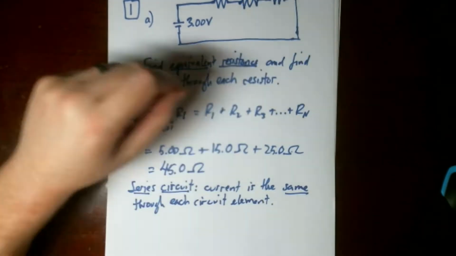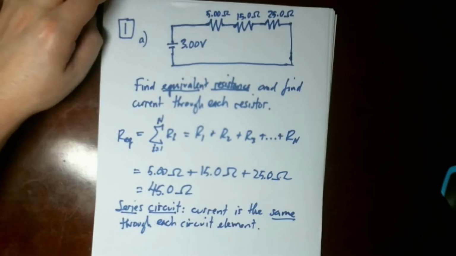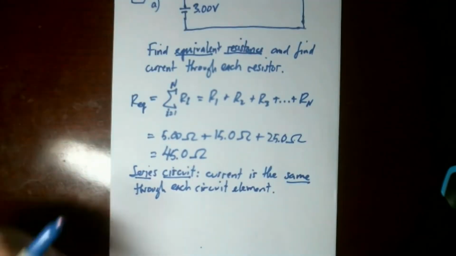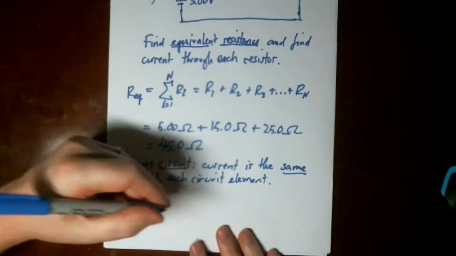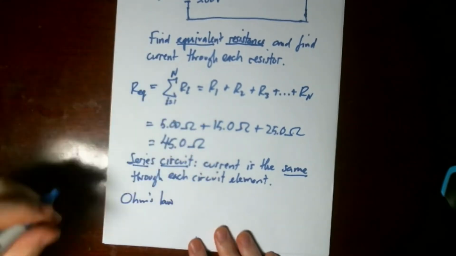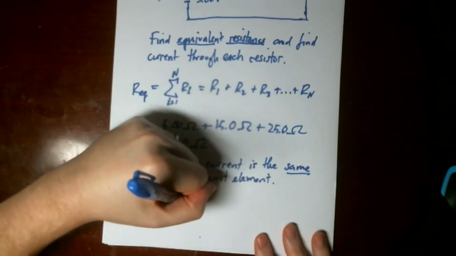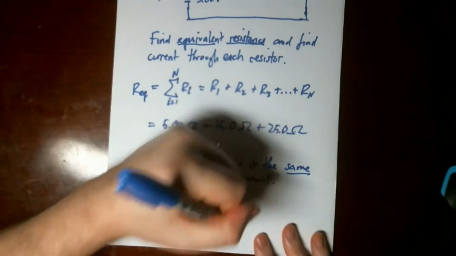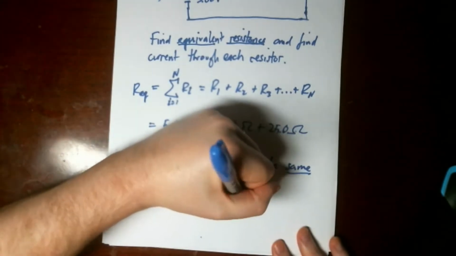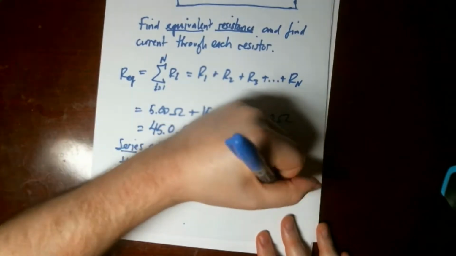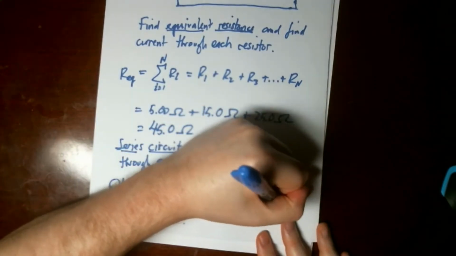So whatever the current is in the circuit, each of these resistors is going to have that current passing through it. And we can find that current by applying Ohm's law to our equivalent resistance. So V equals I R_eq, equivalent resistance, and then solve for I. I equals V over the equivalent resistance.